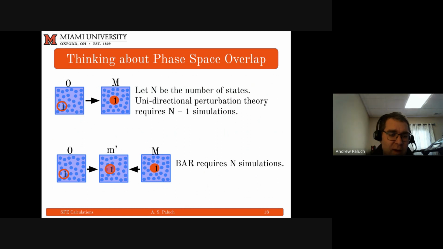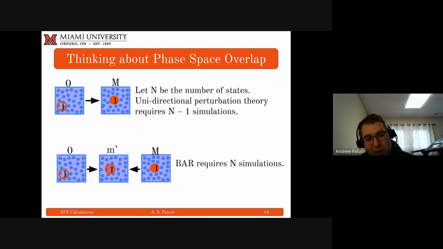So the idea here is that if I want to calculate the change in free energy going from our reference state to target state, here 0 to m, in the original perturbation expression I perform a simulation and stay just in state 0 and use that to try and estimate the configurational integral of my target state. Sorry, I'm getting ahead of myself.